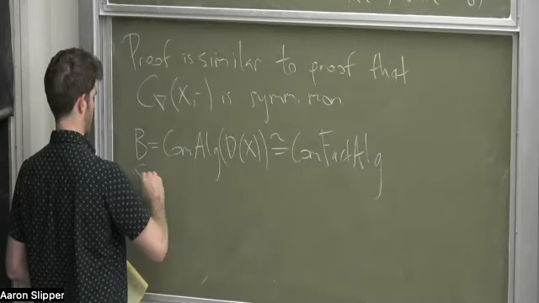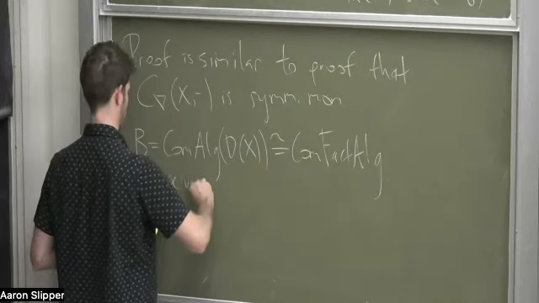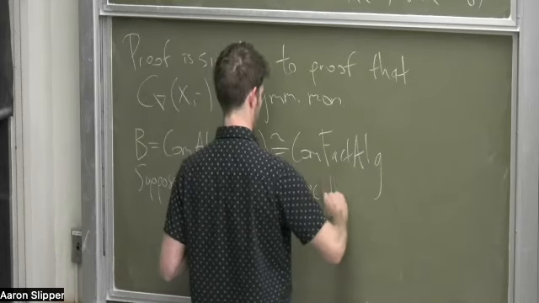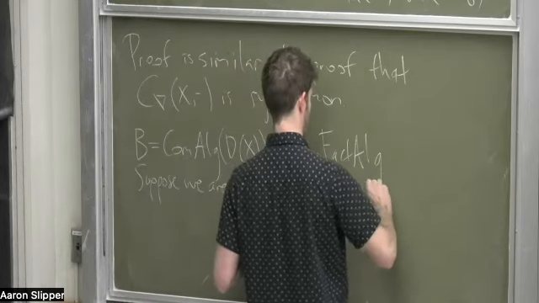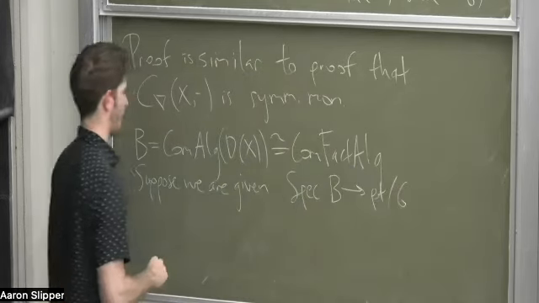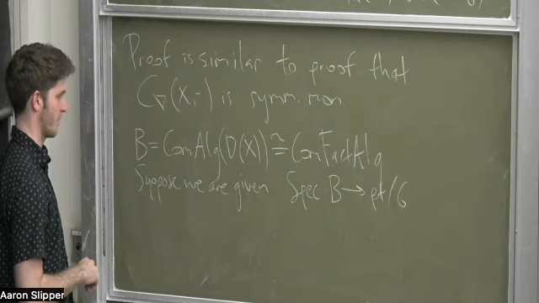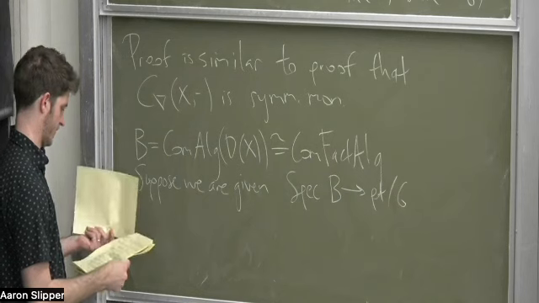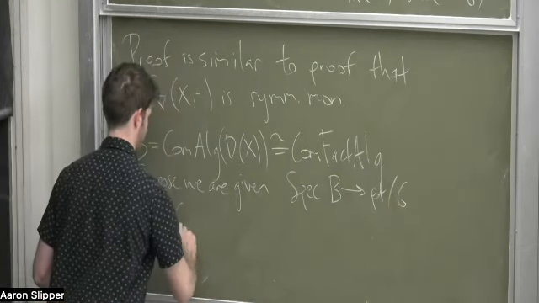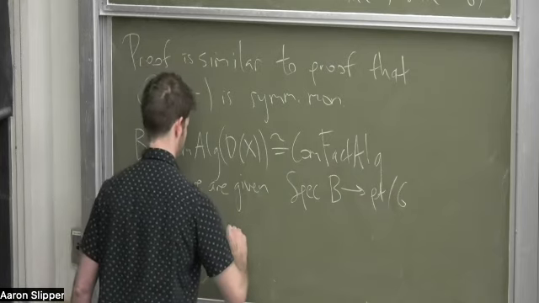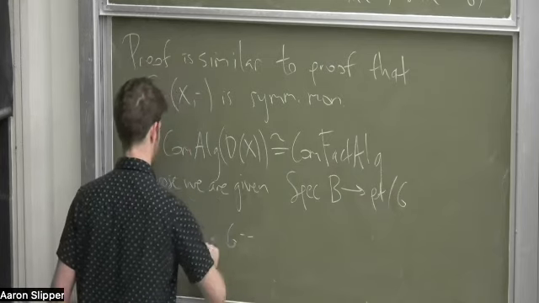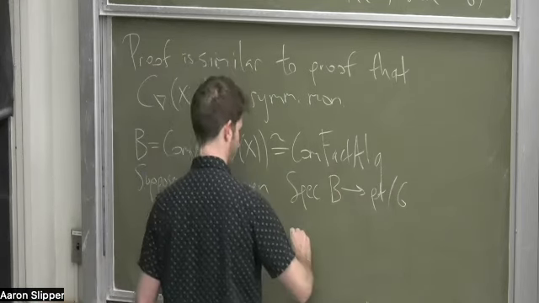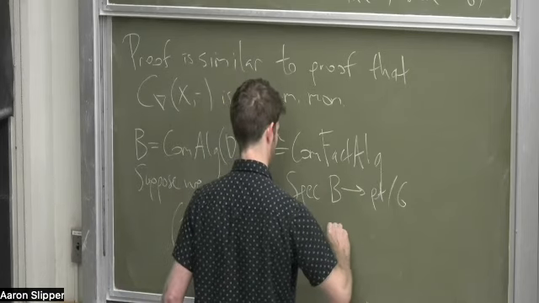And suppose we are given also a map from spec B to the classifying stack BG. Okay, so it has a life over the classifying stack. Notice this is kind of the same thing as giving a G-torsor. Equivalently, I give myself a G-torsor, which is also going to be affine. So let me call it spec B enhanced.